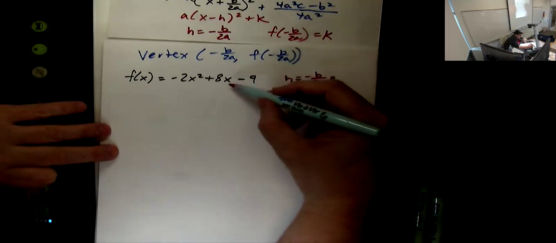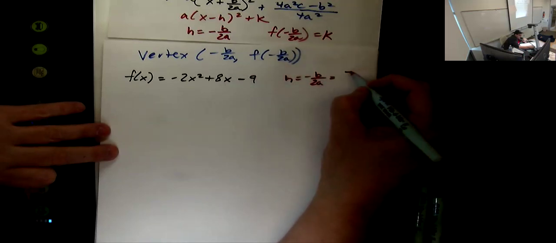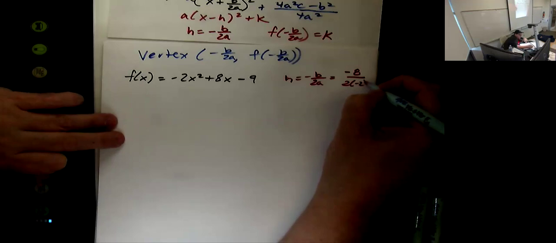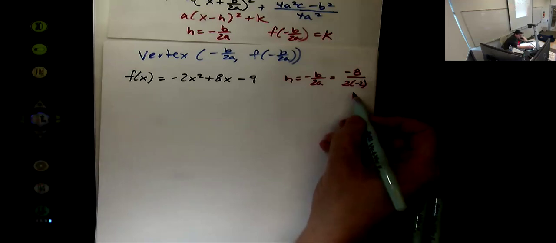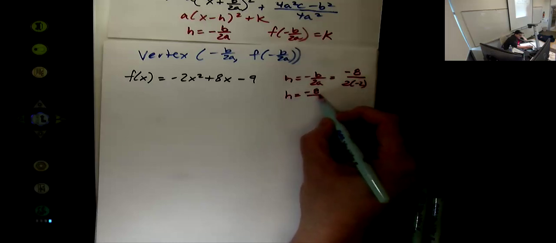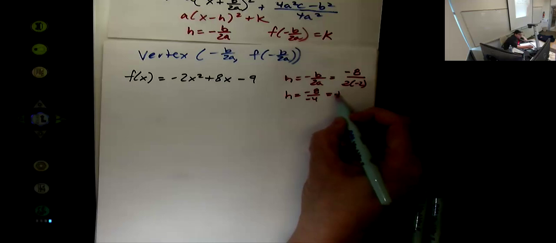B is the one in front of the X, so I've got negative 8 over 2 times A, which is negative 2. This is negative 8 over negative 4, which is positive 2.